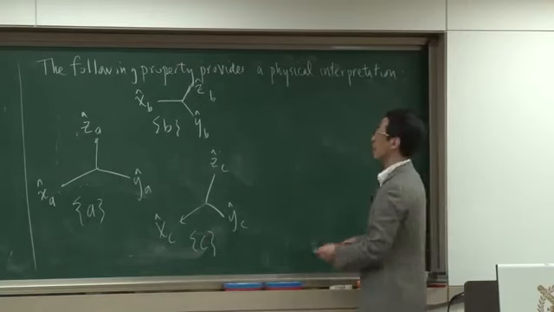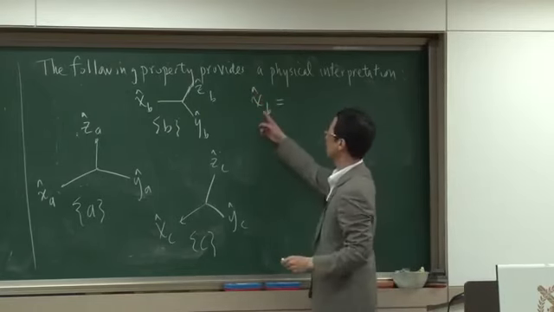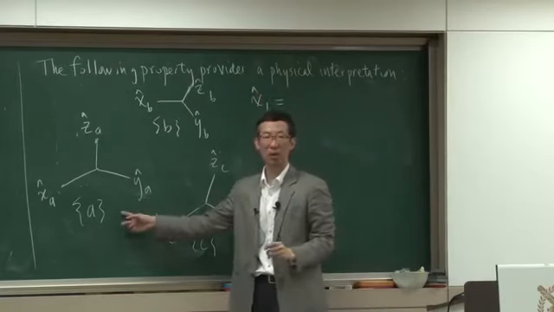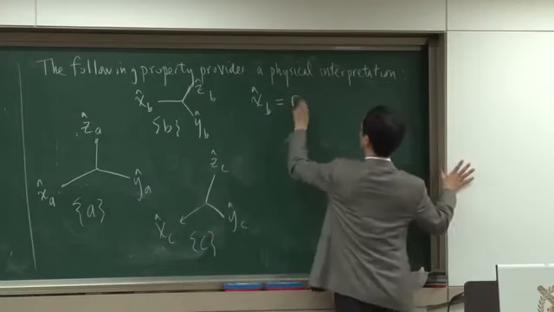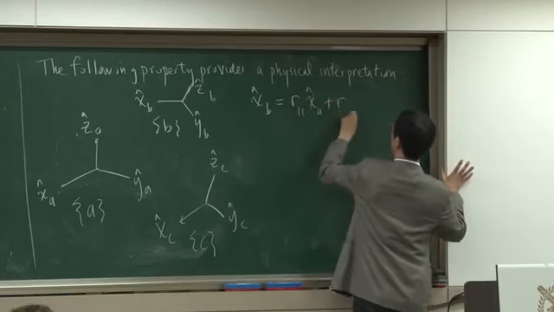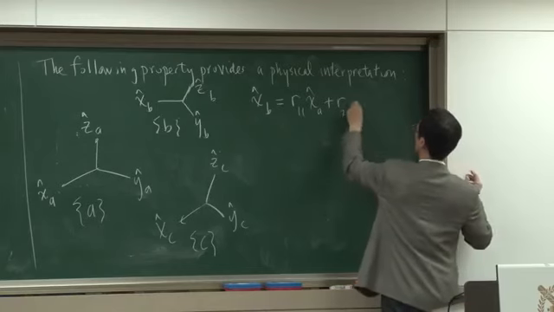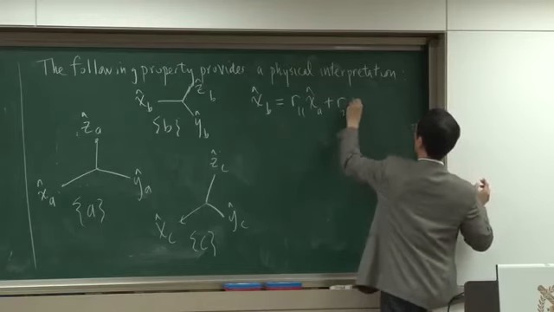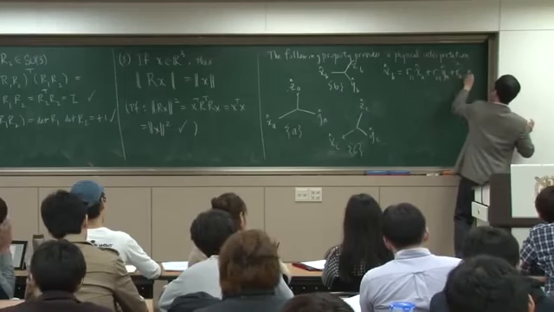Let me describe XB using frame A coordinates. So it's going to be something, maybe R11 XA plus R21 YA plus R31 ZA.